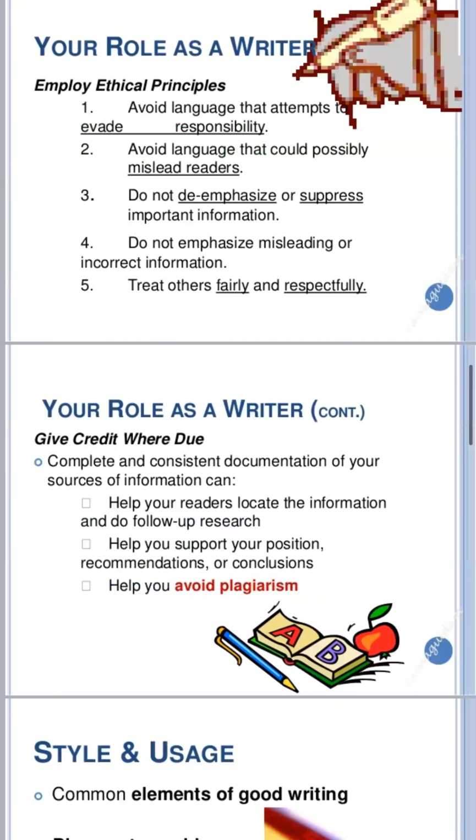And what should your role as a writer be? Your role as a writer includes some ethical principles.